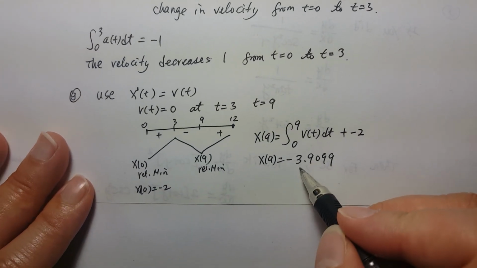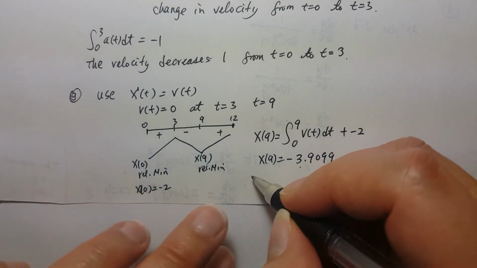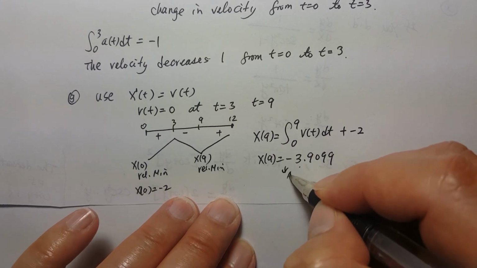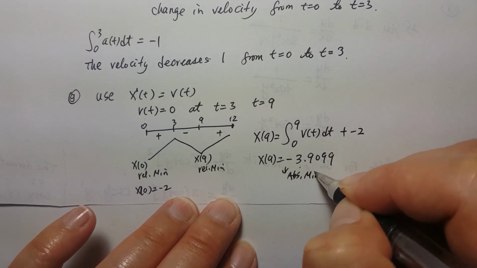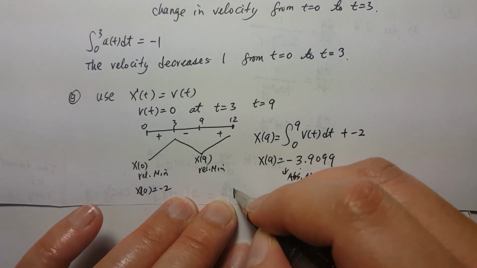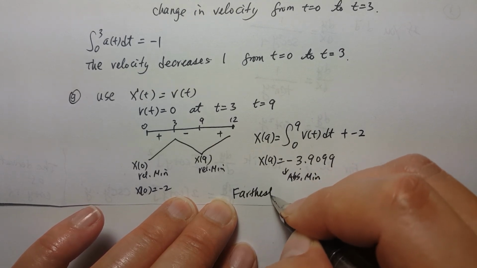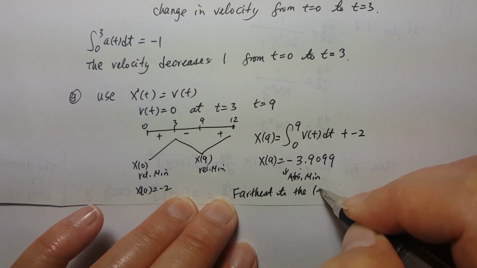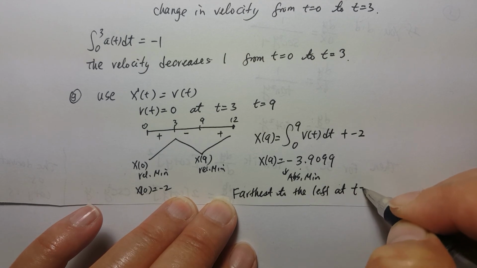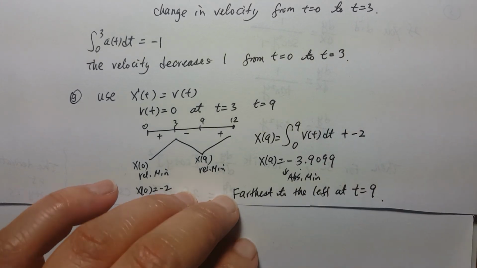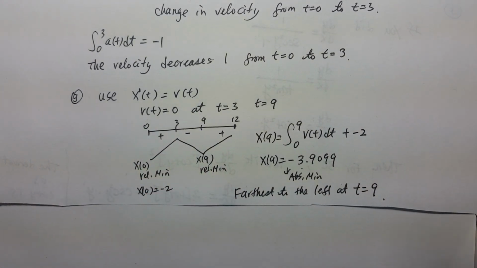So definitely this one is smaller. So therefore, the answer is this one is the absolute minimum. So we're going to say it: farthest to the left at t equal to 9. So we finished question number 2.